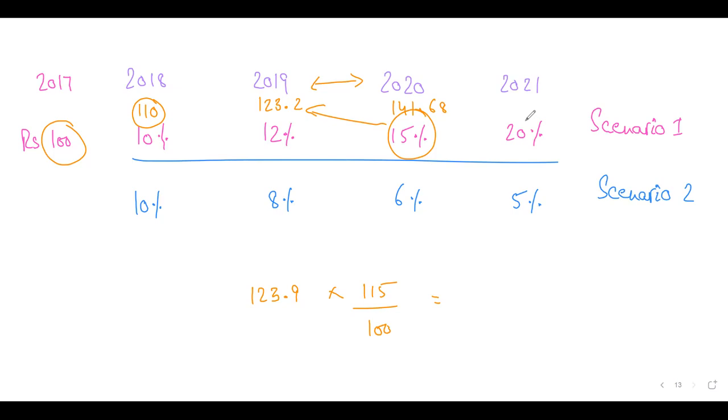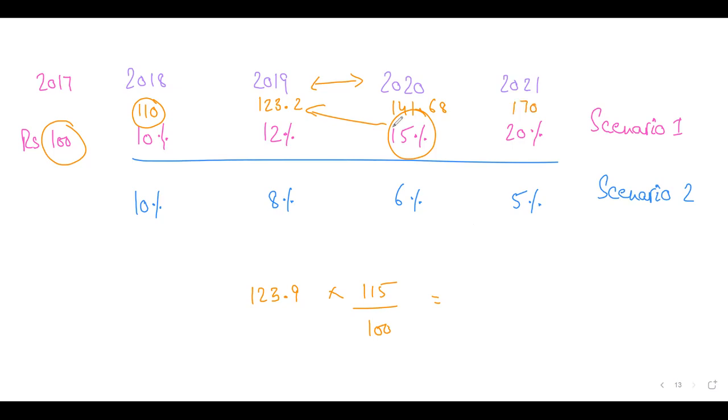So let's do this calculation so that we have something to compare. 141.68 into 120 divided by 100. So that gives you 170 something, right? So 170. Okay. Now, if you calculate it, yeah, that's correct.